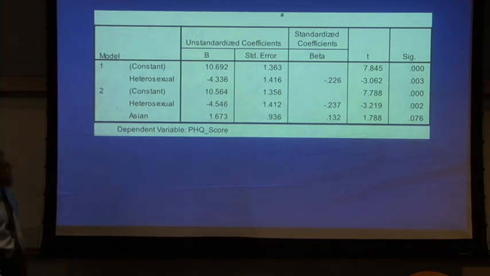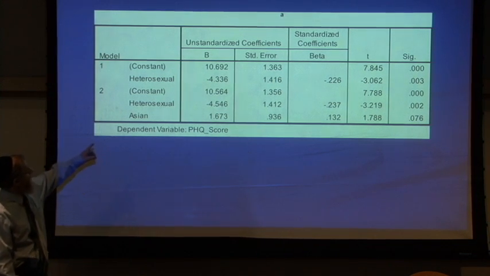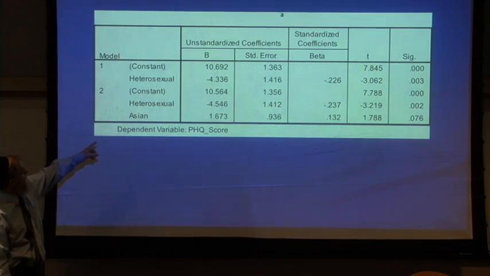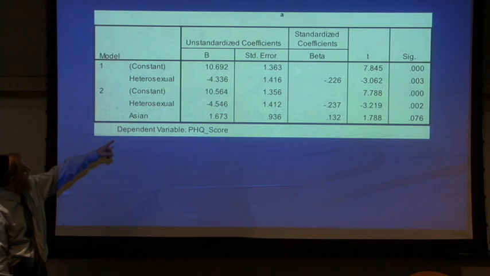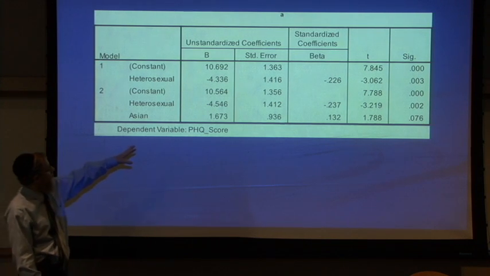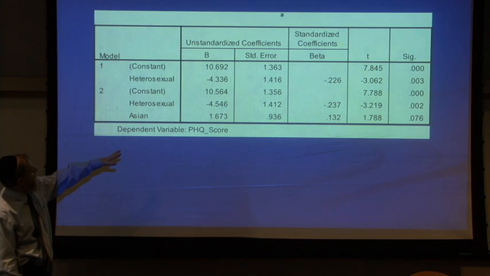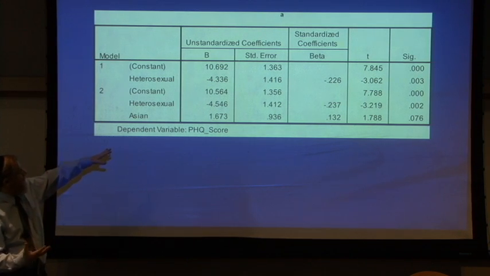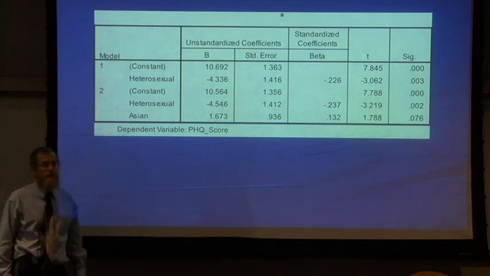So heterosexual was significantly associated with PHQ score. On average, heterosexuals had fewer depressive symptoms, a PHQ score about 4.5 lower than non-heterosexuals. The Asian students showed a trend towards more depressive symptoms.